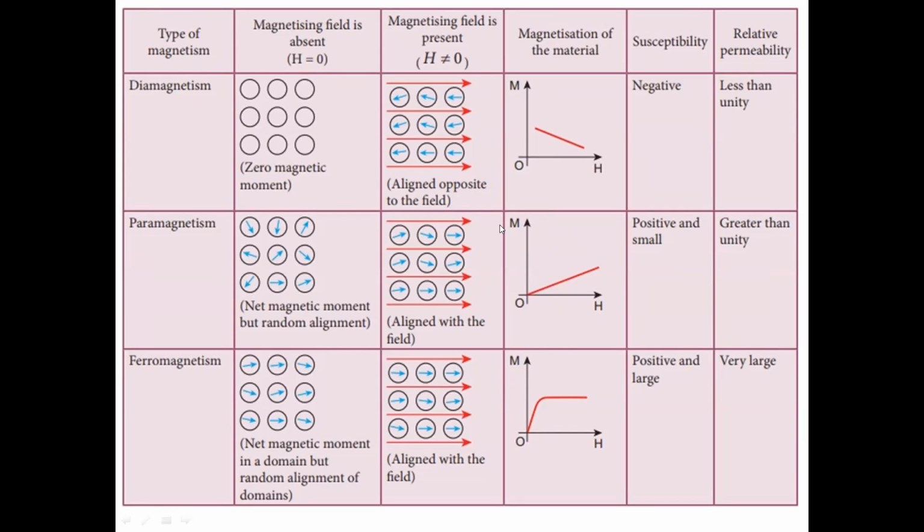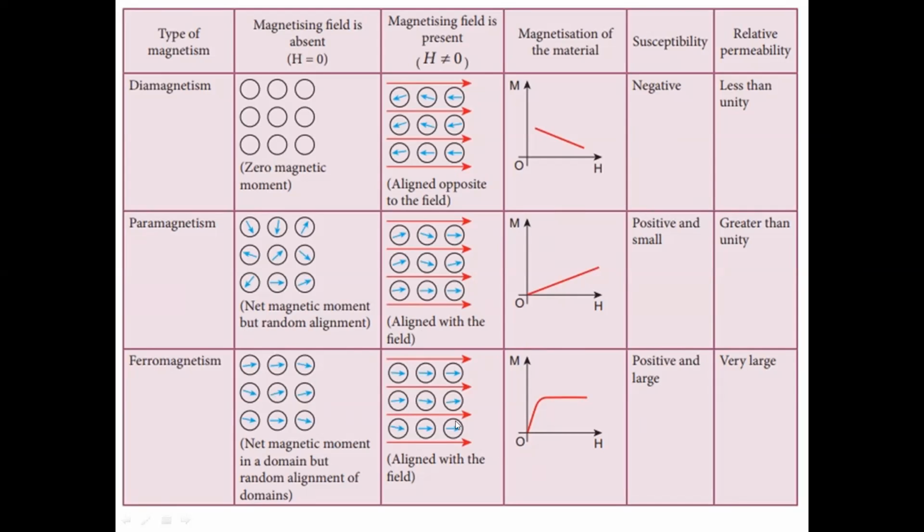All molecules are arranged in the direction of the magnetic field. And third one is ferromagnetism. What will happen? Here the elements are already in the same orientation.